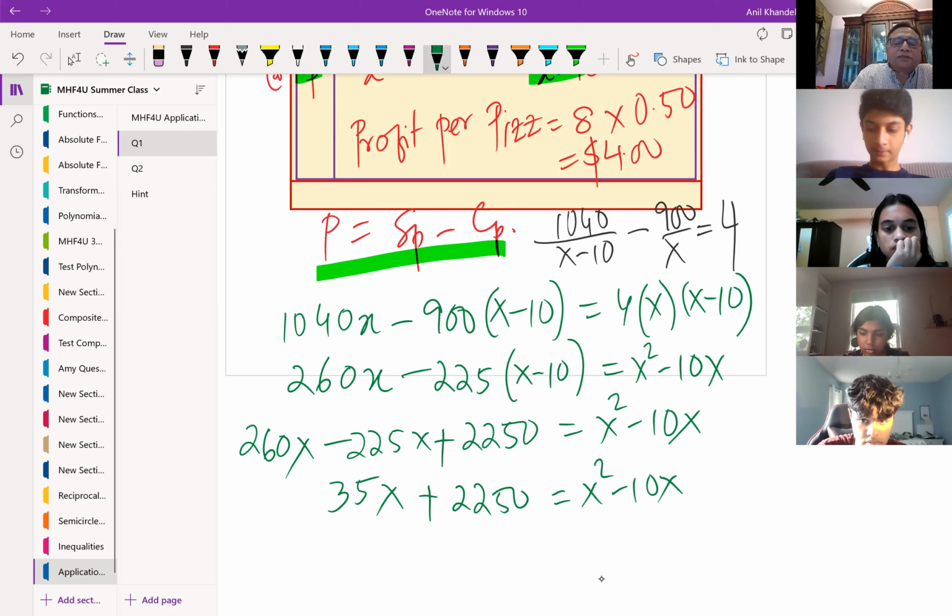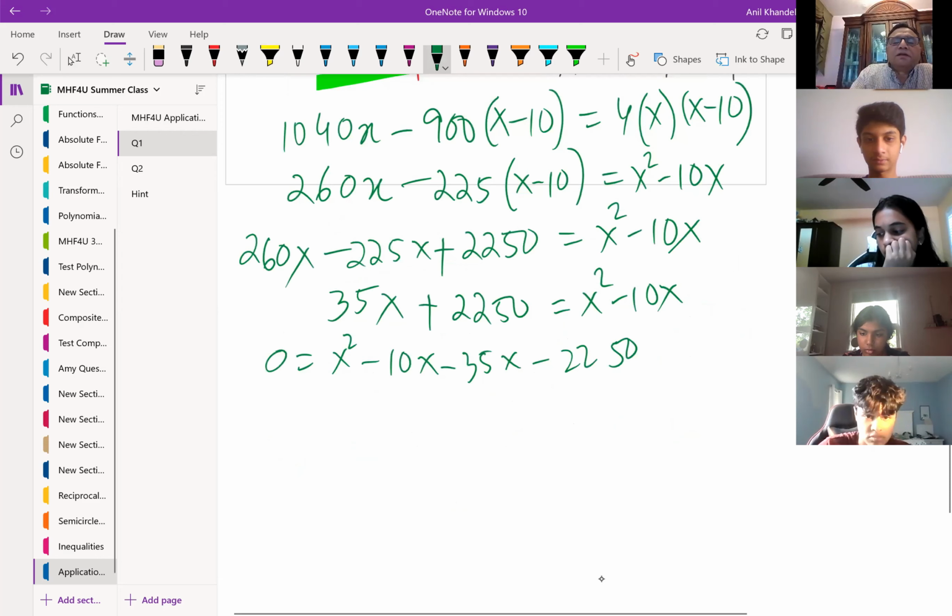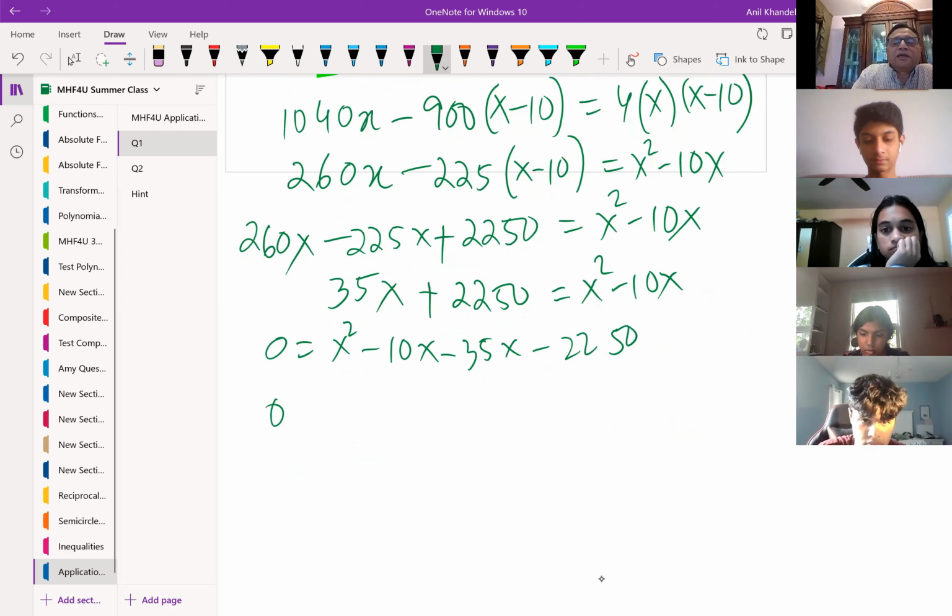Bring all the terms together. So 0 equals x square minus 10x minus 35x minus 2250, so 0 equals x square minus 45x minus 2250.